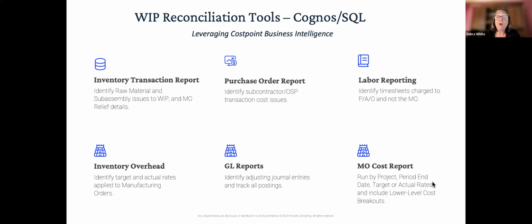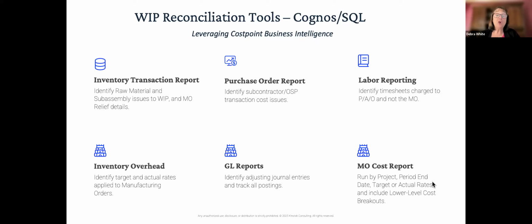And one of the things as part of your month end close is you update the inventory burden sum table. The inventory burden sum table and inventory burden sum detail table are kind of hidden tables. You cannot see them from the front end of Costpoint. You have to either look at the table with Cognos or look at it with SQL.